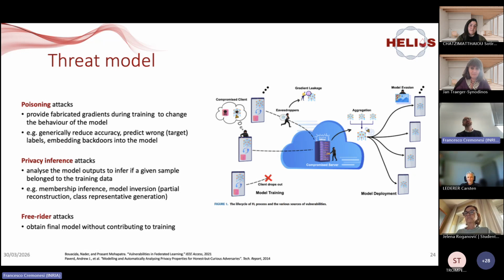This gives them a big advantage, and they can try with some mathematical optimization techniques to extract the original training data for that hospital.